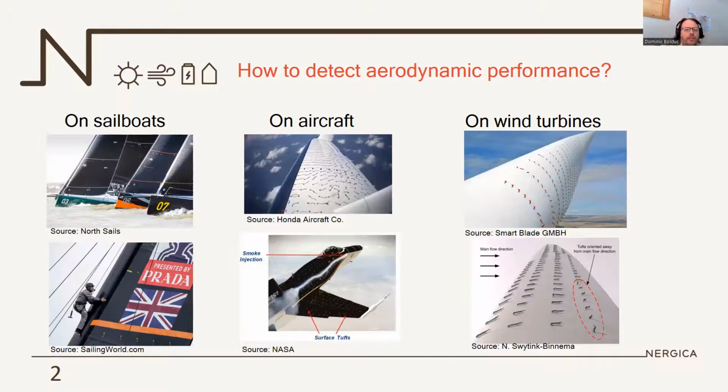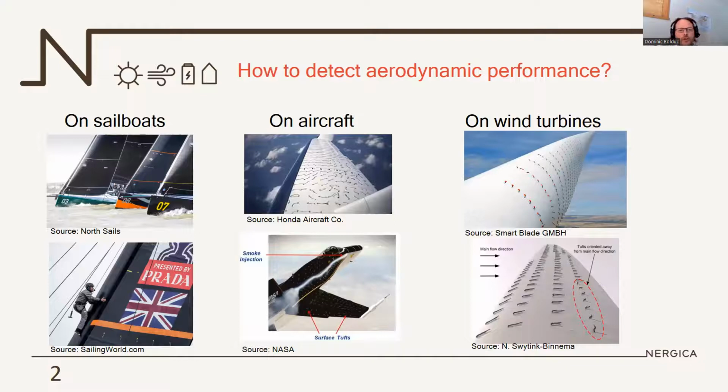On aircraft, they also use wind tuft during flight tests to see how the flow is behaving on the wing, so they can see if there's a problem at the junction of the wing and the fuselage. They can also check what is happening near stall.